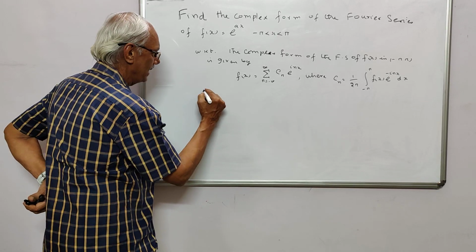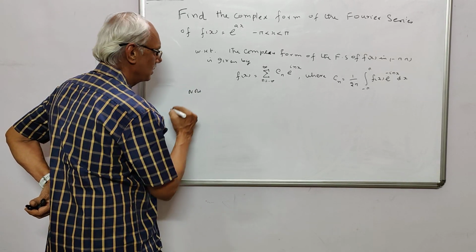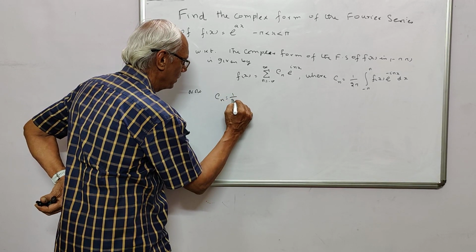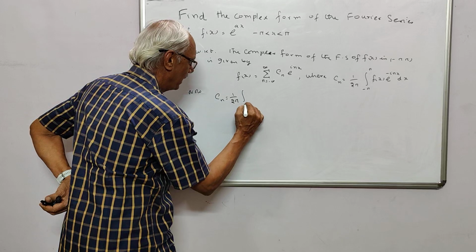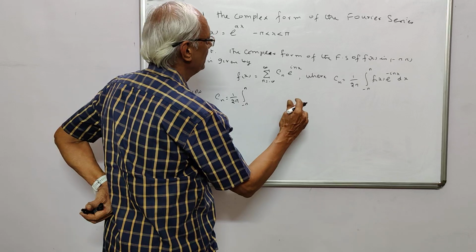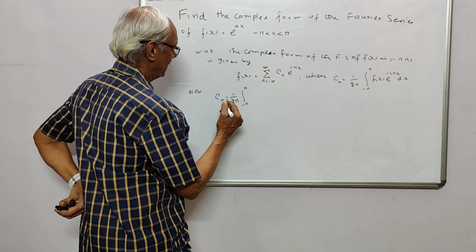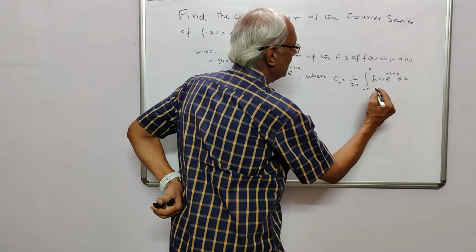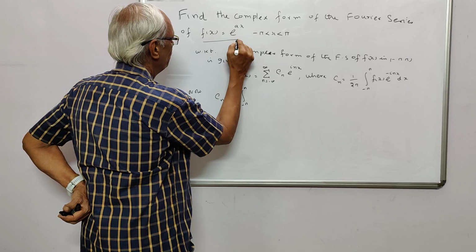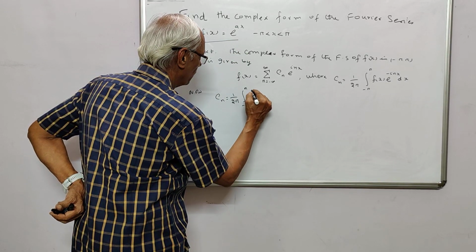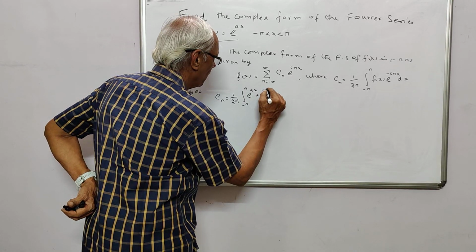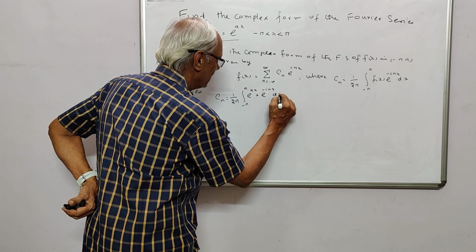Now, I'll write here. Cn, now you tell me what is my Cn. It is 1 by 2 pi, integral from minus pi to plus pi. What is your f of x here? Your f of x is e to the power of ax, into e to the power of minus inx dx.